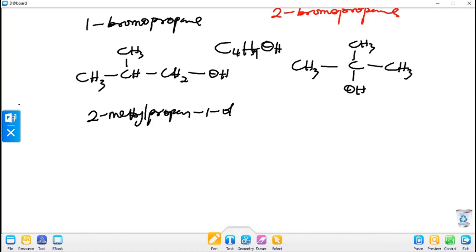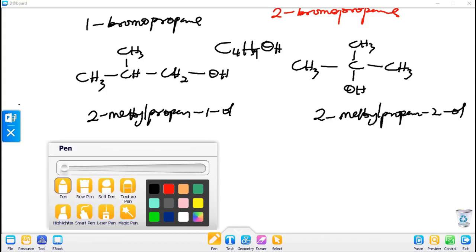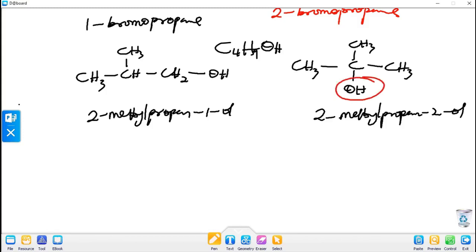But in this case, this is called 2-methyl propan-2-ol. Can we see that? 2-methyl propan-2-ol, because the OH is attached to carbon 2 in this case, but the OH here is attached to carbon 1. 1, 2, 3.